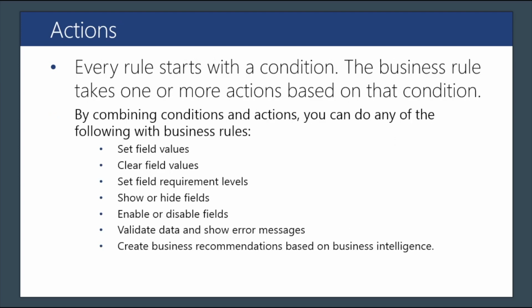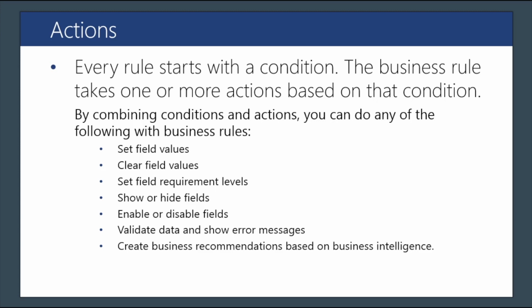When you create business rules, you always start with a condition. Based on that particular condition, there could be one or more actions that are created to take place based on that condition. And so, by creating a combination of conditions and actions, you can pretty much do anything on a form or within the context of a business rule or within a business process.